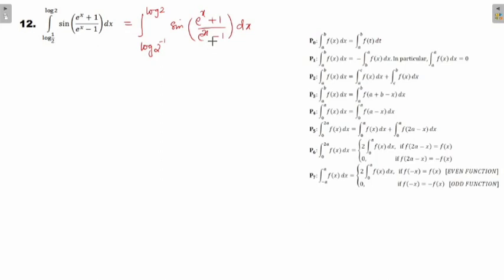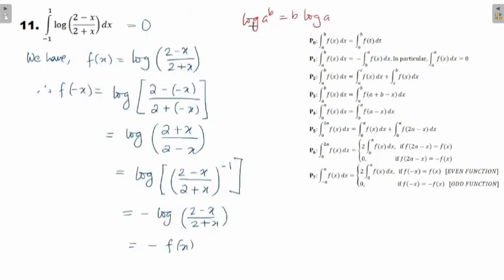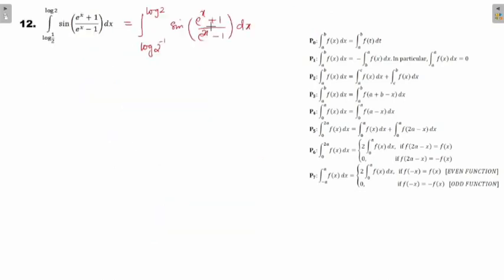Now, we have already made use of this particular formula. If you use this formula here, this minus comes in front and it becomes minus log 2. The numerator becomes log 2, and the integrand will remain as it is: sine of (e to the power x plus 1) divided by (e to the power x minus 1) dx.